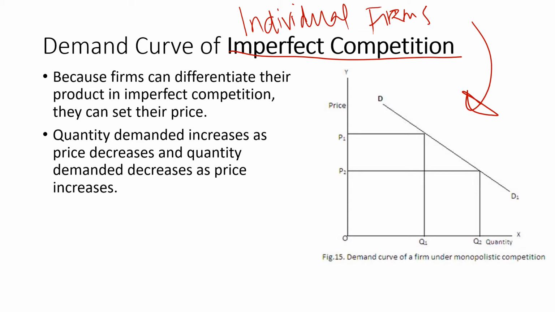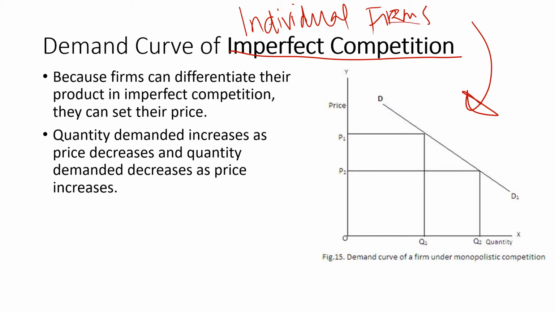Because we're selling a product that is different from a lot of others, whether it's different through service, through advertising, or whatever it may be. So the individual firm's demand curve looks similar to the market demand curve for perfect competition.